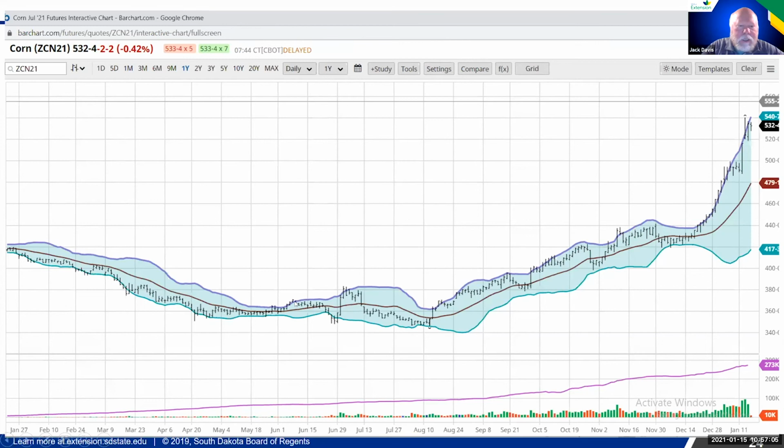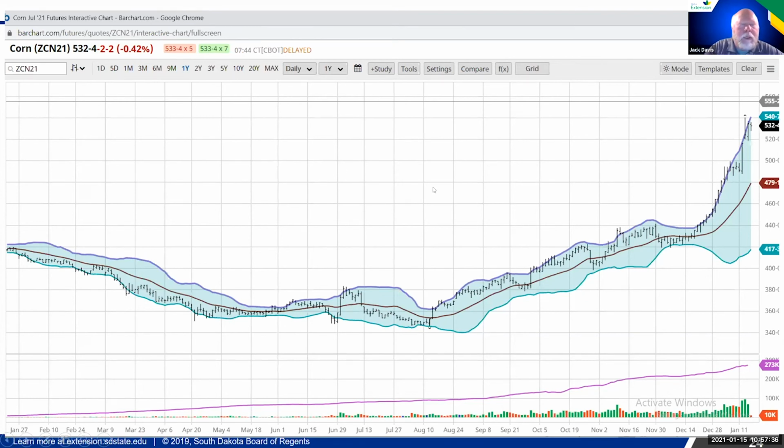And what that does is give you a sell signal when it breaks out of that upper band. And then if you are a feeder, it would give you a buy signal when it breaks through the lower band. When volatility is low, the bands aren't very wide, but as we see volatility increase, they expand out. And this is a daily chart.